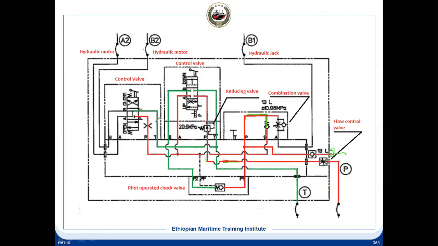This is the hatch cover open and close, and this is the hatch cover up and down. It means the jack up. So unless you operate this, these two will not be connected. It means once you operate this, it will ensure that this line, which is going to the jack, the pressure will go to this through this.